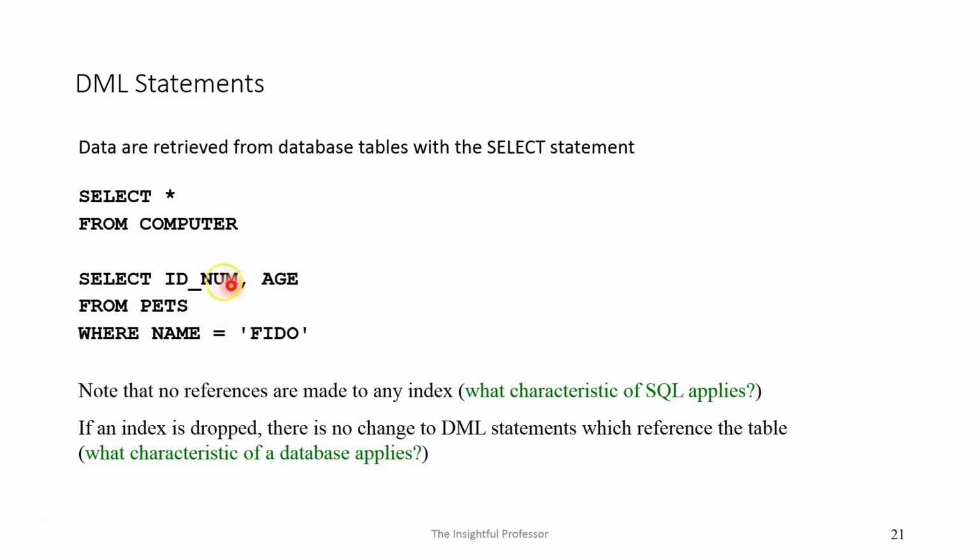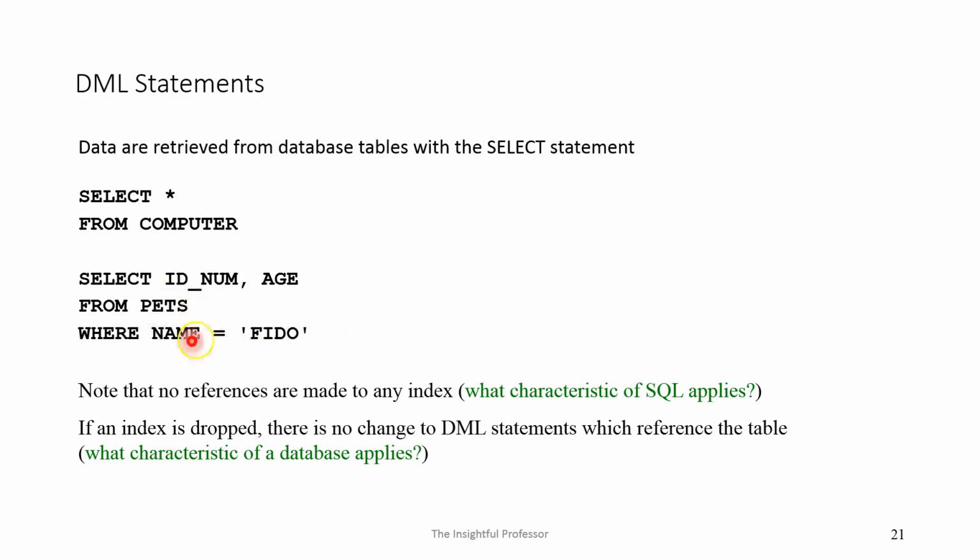In the next example, we pick a subset of columns and pick exactly those columns that we want to retrieve, and it doesn't matter what order left to right that we display them in and what order left to right they might be physically stored. That's pretty neat that we can do that. We have a comma here between the columns. In addition, we have a where clause that identifies which rows are going to be retrieved.